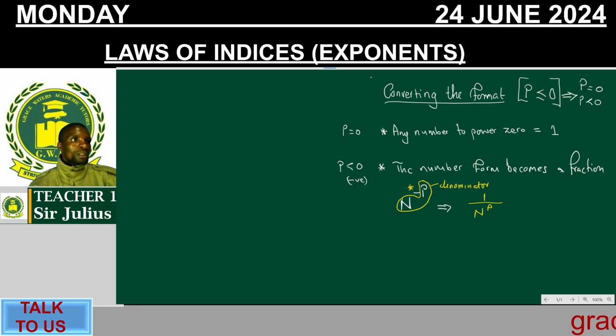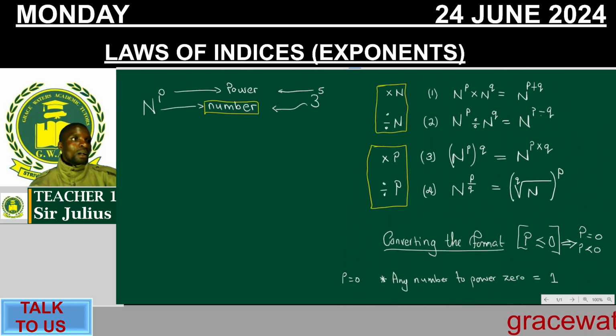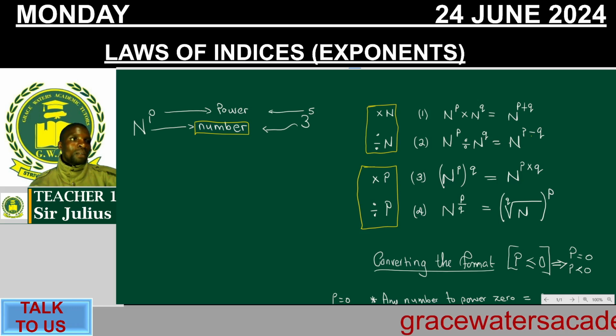As we said, we have 6 laws of indices, whereby law number 1 is n to the power p multiplied by n to the power q, where there is addition. N to the power p divided by n to the power q, there is subtraction of powers.